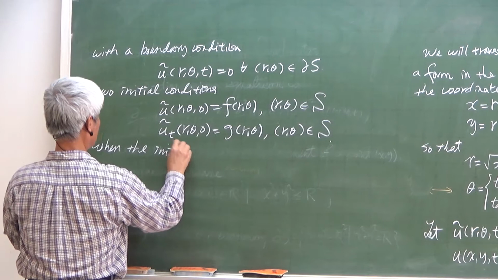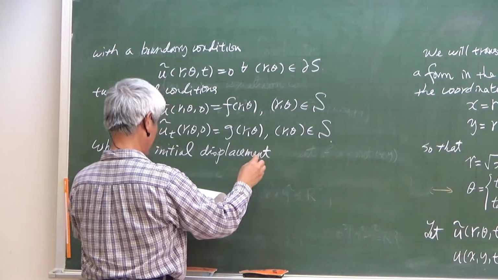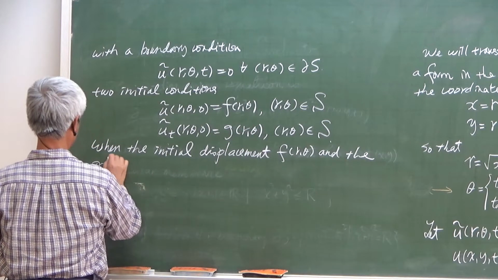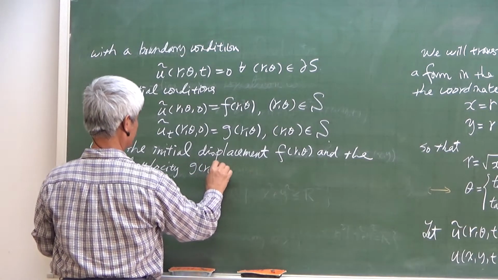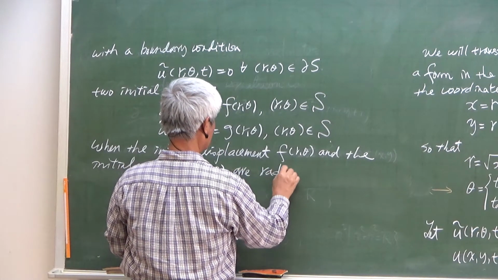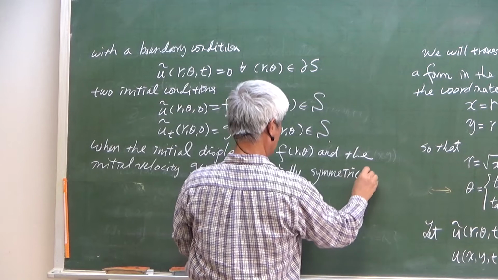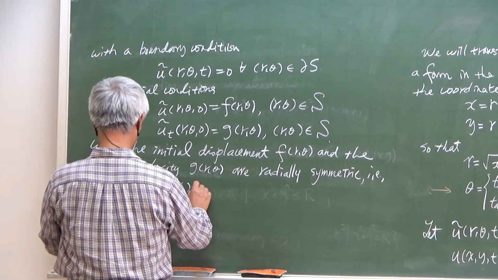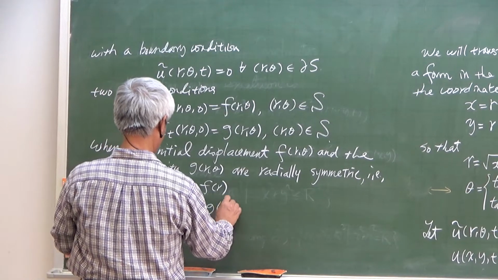Suppose that the initial displacement f of r, theta, and the initial velocity g of r, theta are radially symmetric, i.e. f of r, theta is equal to f of r, and g of r, theta is equal to g of r.